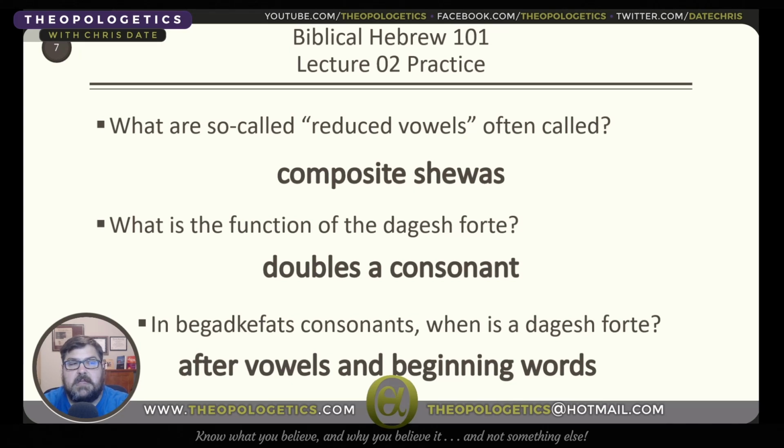If you have a begadkefat consonant after a consonant sound, like a syllable that ends in a silent sheva, and it has a dagesh, that's a dagesh lena, because it's following a consonant sound. But after a syllable that ends in a vowel, an open syllable, a begadkefat consonant that has a dagesh has a dagesh forte. But after a closed syllable, a begadkefat consonant with a dagesh in it has a dagesh lena.